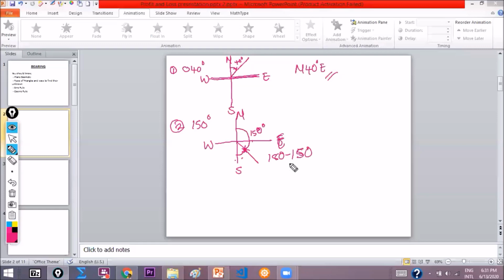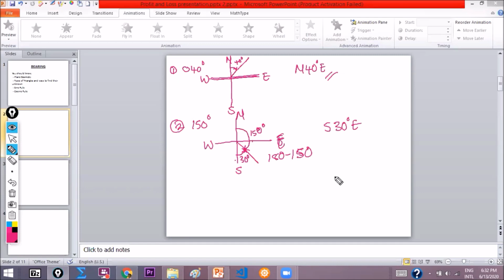Timmy, are you following? Are you confused? No. Okay. So we just subtract 150 from 180, so this angle here is 30 degrees. So on compass bearing, 150 degrees is south 30 degrees east. Do you understand that?